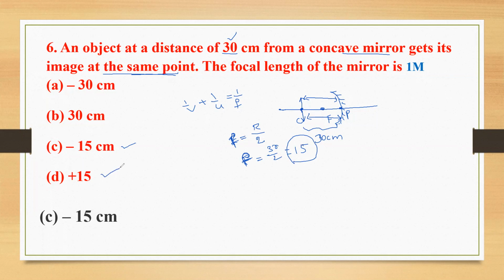Now again we have a doubt. How to clarify that? Go to which mirror it is. Concave mirror. You know that concave mirror always gives negative focal length. So this is wrong and this will be the correct one. Remember, if you are convenient with a formula to solve, you can go through that.